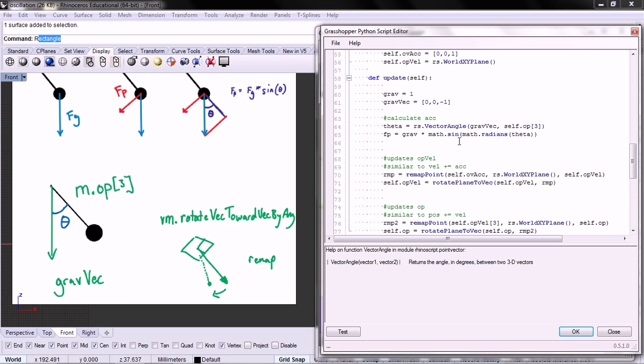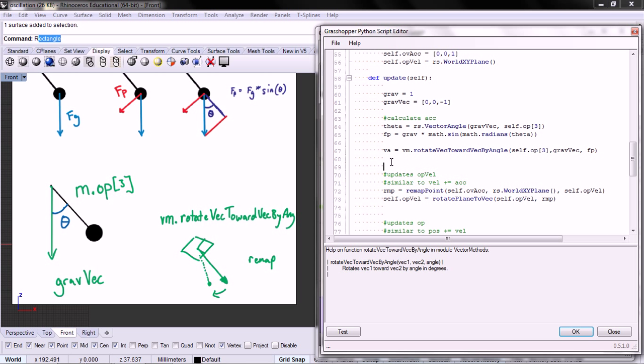We're just going to say VA for that vector of acceleration, so VM.rotate vec towards vec by angle, and the angle that we are going to rotate from is going to be the self.orientation plane z-axis. We're going to rotate it towards our gravity vec by an angle of FP.